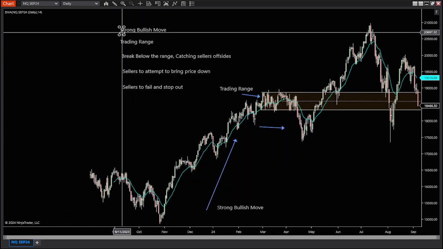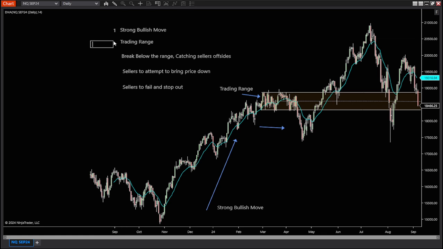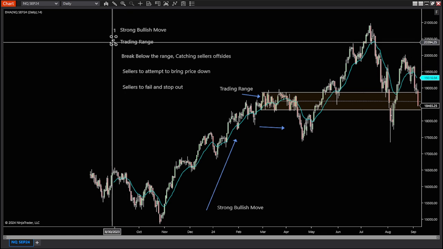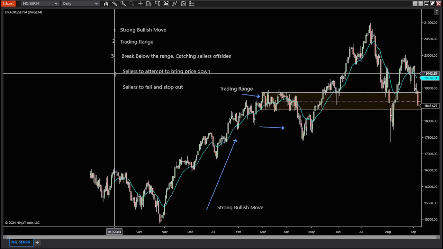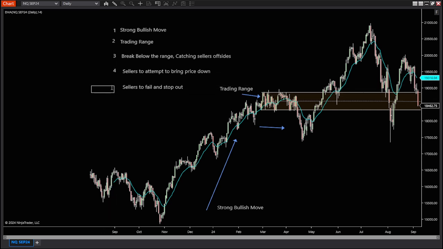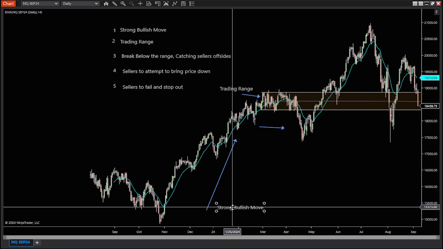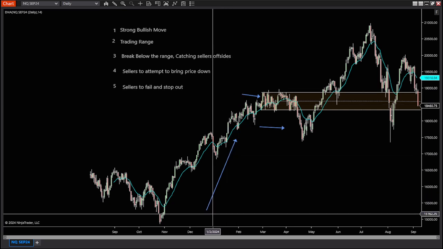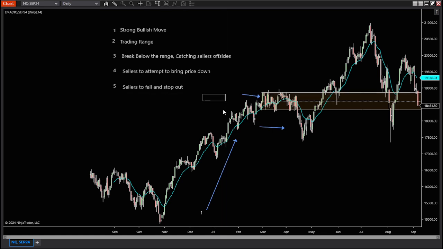All right. Here's 1, 2, 3, 4, and 5. There's our 5, right? So let's say this is, just so we can save some room here, 1. This is our 2.